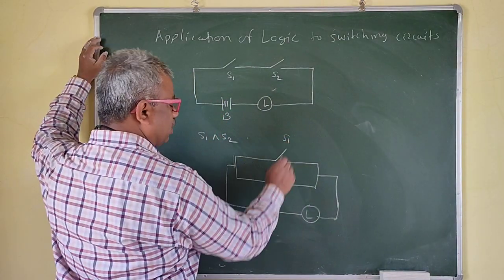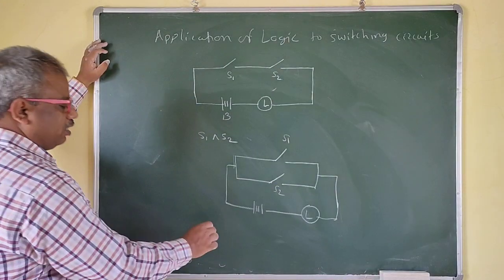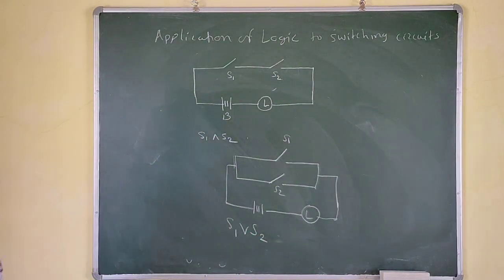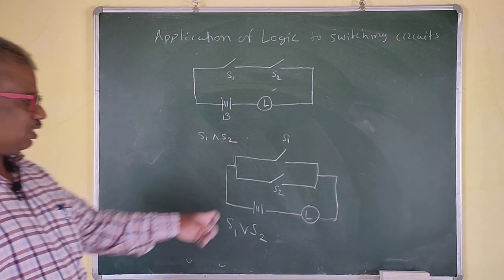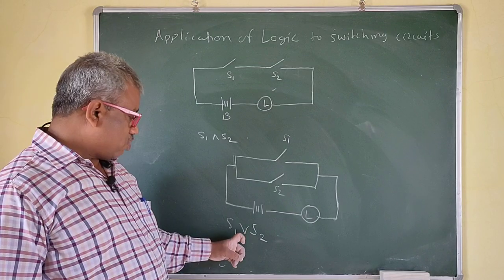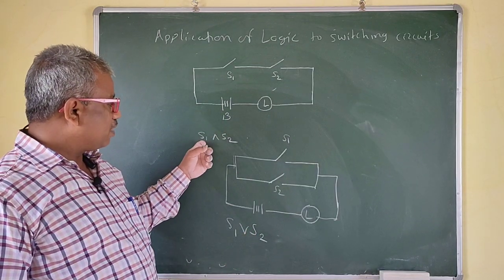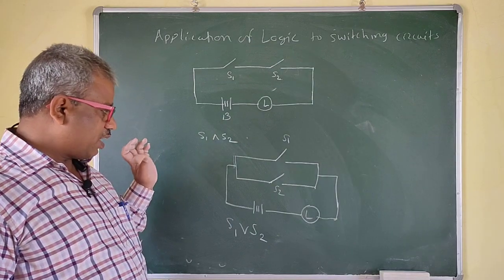This is your S1, this is your S2. Then this will be S1 or S2. Now switches are either parallel or series. This is the logical statement for this circuit.